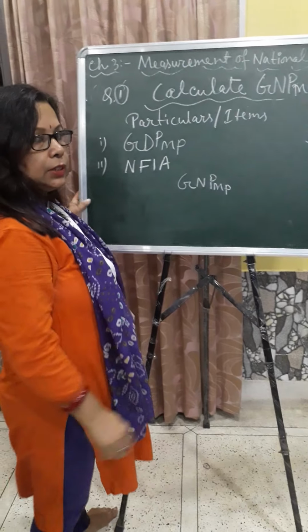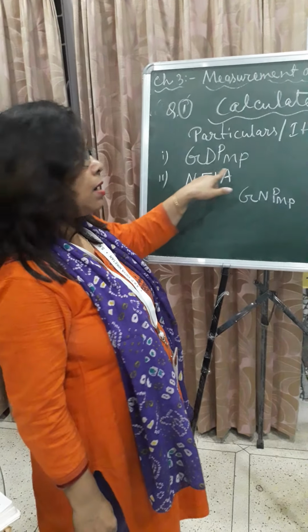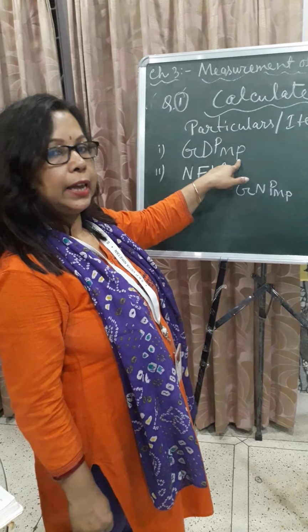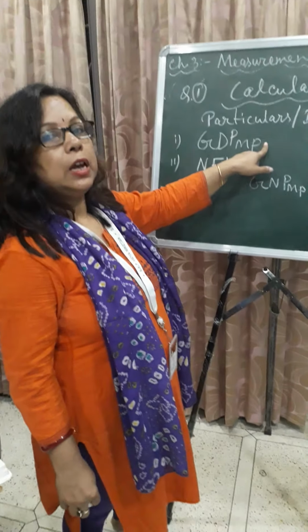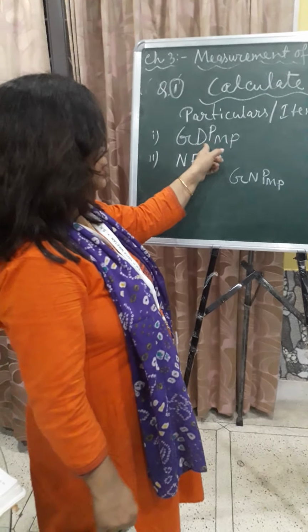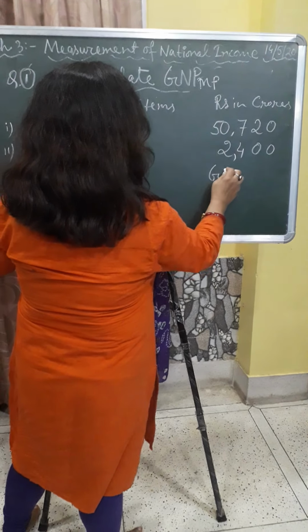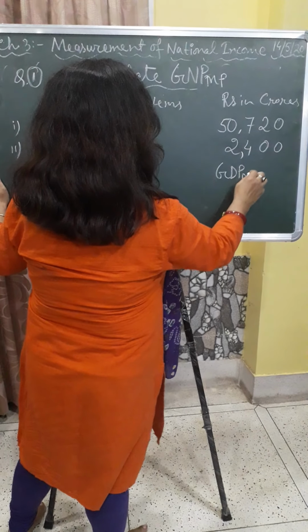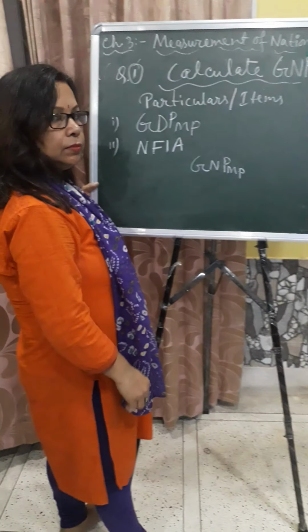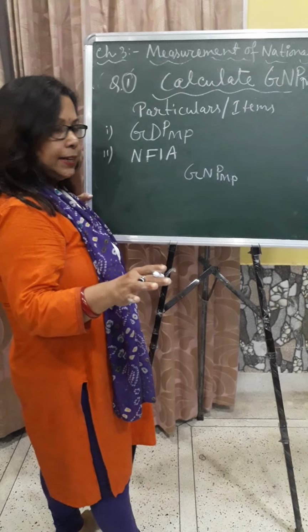Now you see which item has been given here: GDPMP. So with the help of GDPMP we have to reach GNPMP. So you write GDPMP on the right side. Clear?